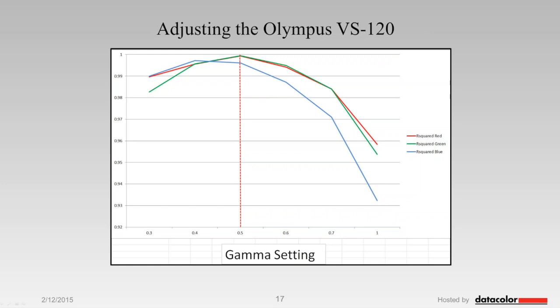But as you will see in a moment, for the experiment that we were doing at the time, the red channel was the most important, so we set it to 0.5. And that was in December, and we had just acquired a whole data set with the default setting at the Olympus. So we set the gamma to 0.5 and repeated the entire experiment in order to see what kind of influence it really had on the data.